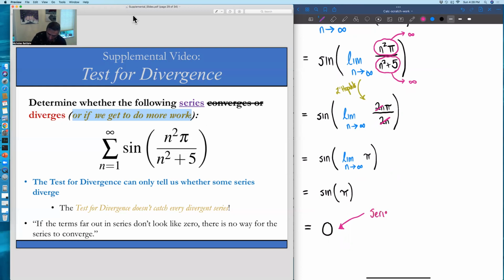So this example, by applying the test for divergence, it didn't really buy us any new information. It just said, hey, the test for divergence doesn't work here. Pick another series test to do. So in other words, we get to do more work.